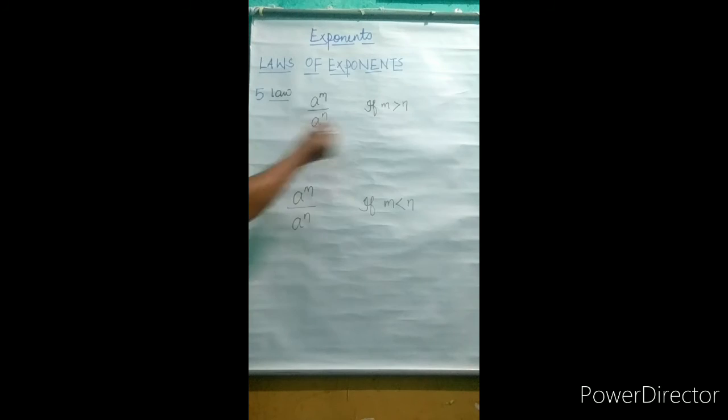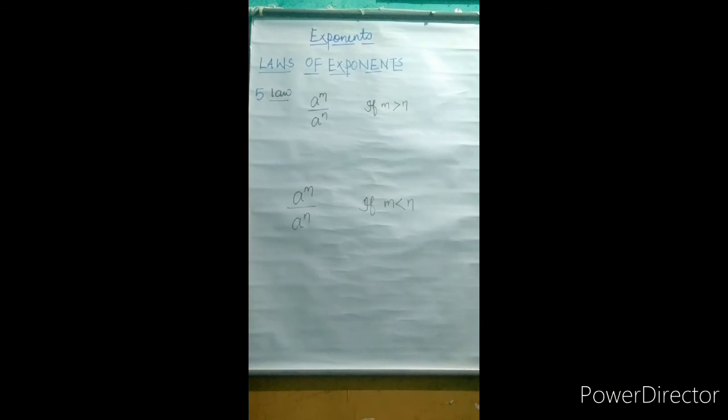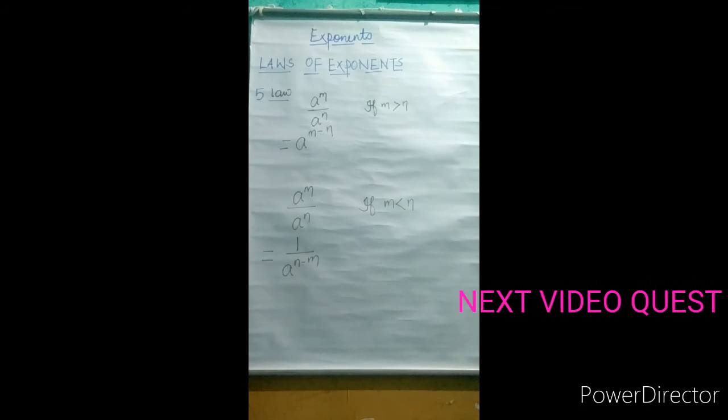Here a condition is given: if the power of the numerator is greater, in that case we can write a raised to the power m minus n, and if the power of the denominator is greater, we need to write 1 over a raised to the power n minus m. So this is the fifth law.